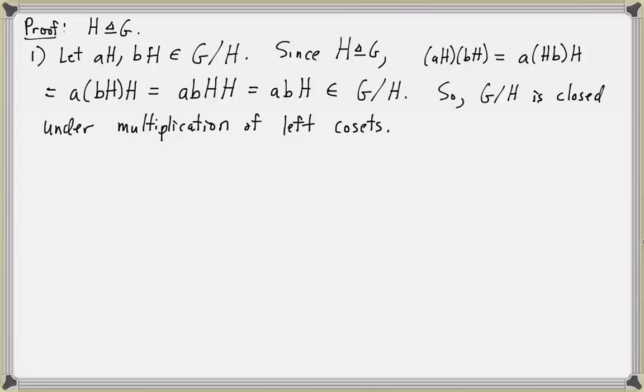So we see that the set of left cosets is closed under multiplication of cosets. Secondly, we'll show that this operation is associative.